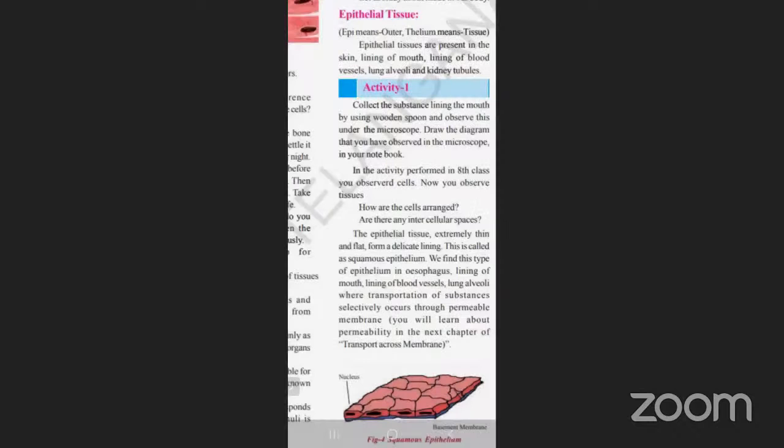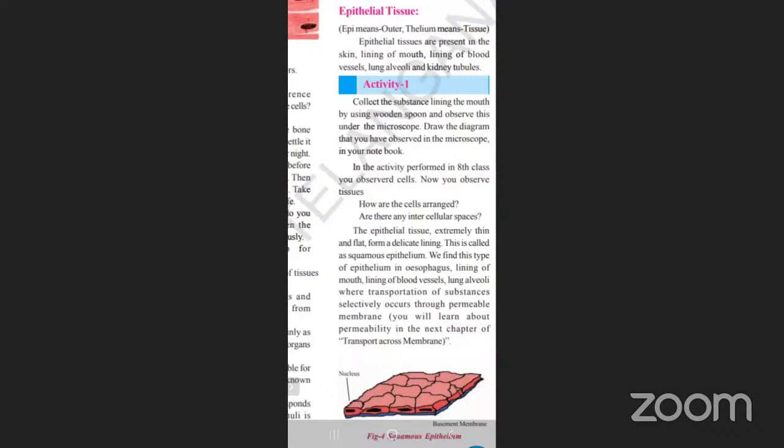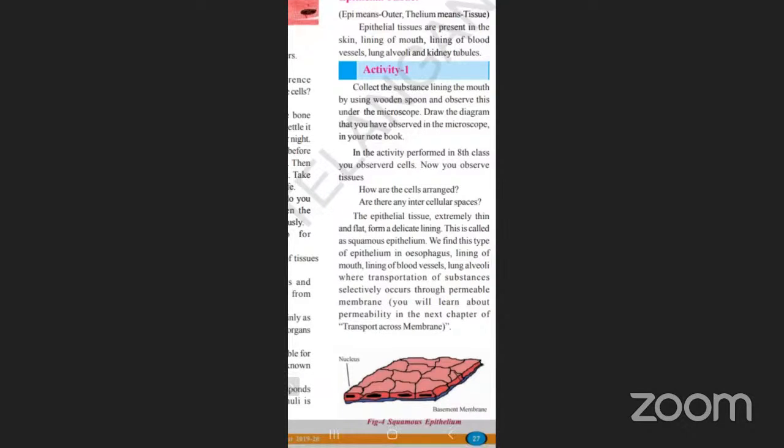And observe this under the microscope. Here, with the wooden spoon you scrape the lining of the mouth, take that scraped material and spread it on the slide, add 1 or 2 drops of water on it, gently cover it with a cover slip, and press with the blunt end of a needle.